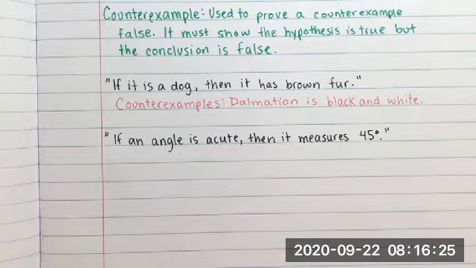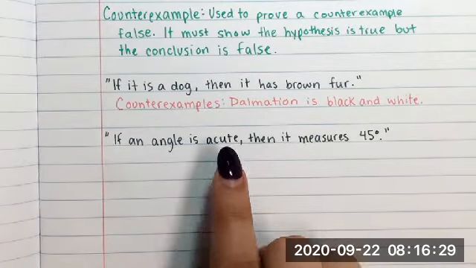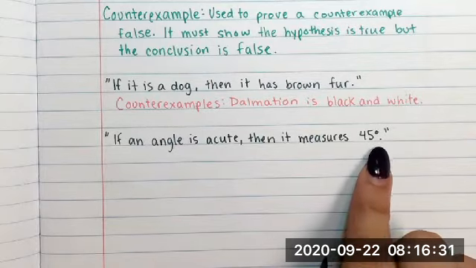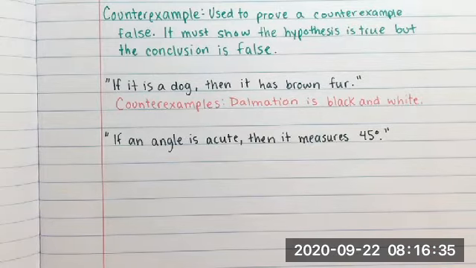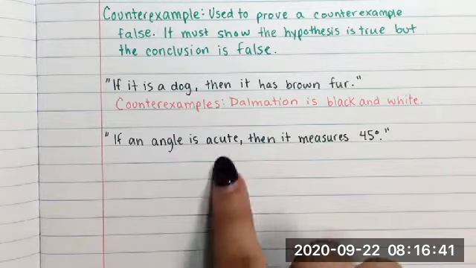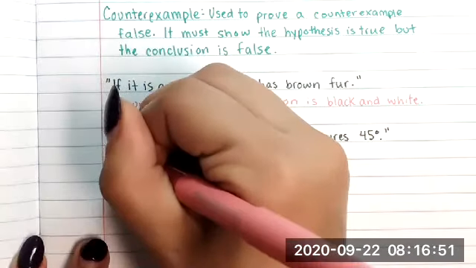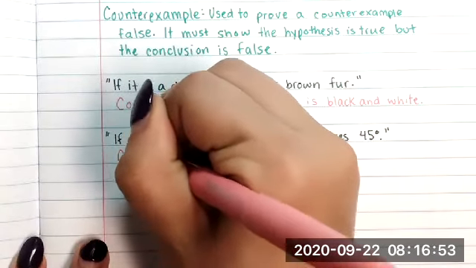So it is true that an acute angle can have a measure of 45. 45 is less than 90 degrees. So technically it's true in a way. But the assumption that all acute angles would measure 45 is what's incorrect. So just because it's acute doesn't mean it has to be 45 degrees. So there's a ton of counterexamples to this one, and you only need to pick out one.